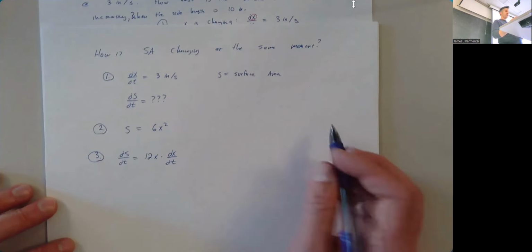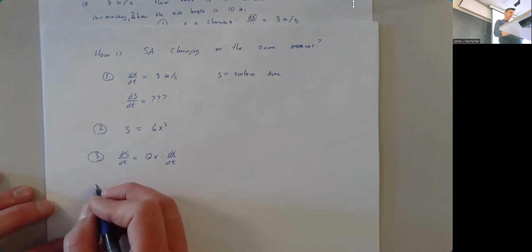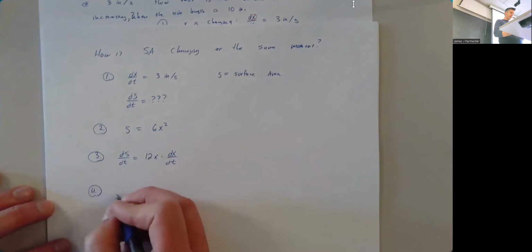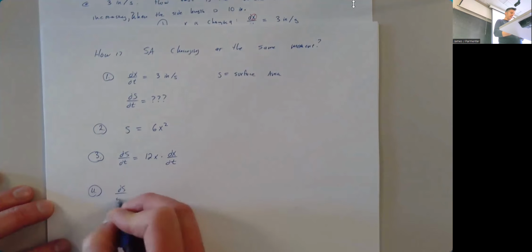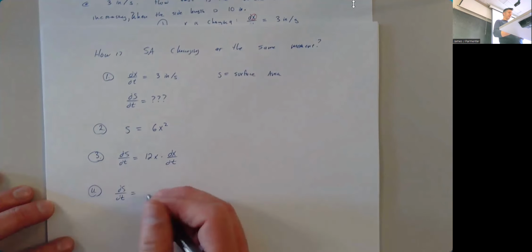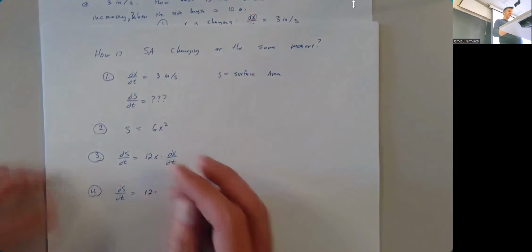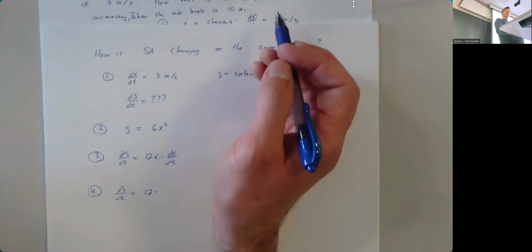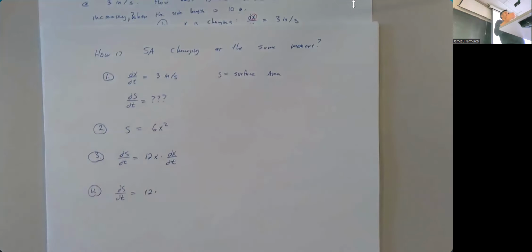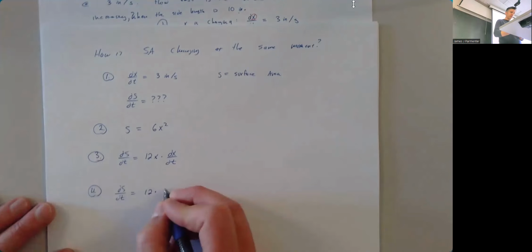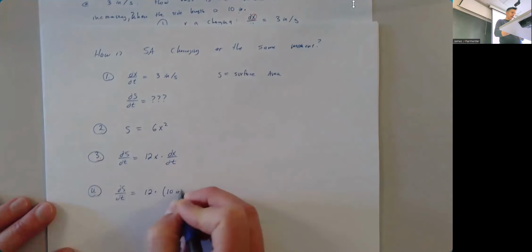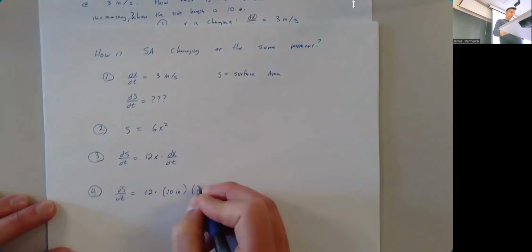All right, the rest is plugging in. So now we're going to plug in, and I'm going to write the units this time just so you all can see it. 12 times x was 10 inches, right? The same moment as the previous problem. So we're asking how is the surface area changing when the length of a side is 10 inches. So x is 10 inches and dx/dt is still 3 inches per second.